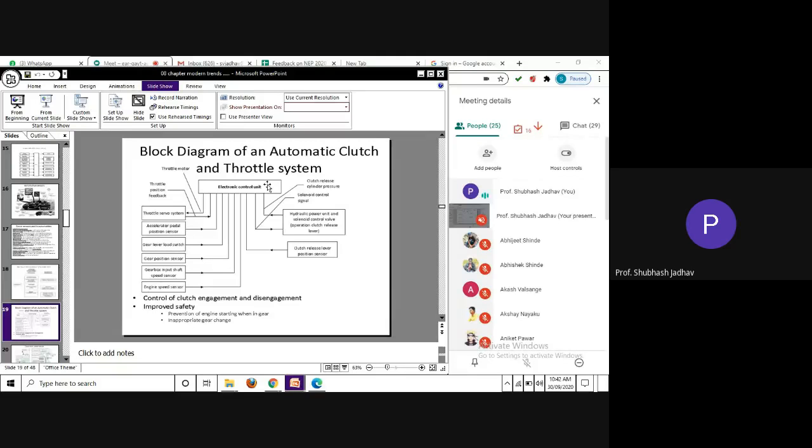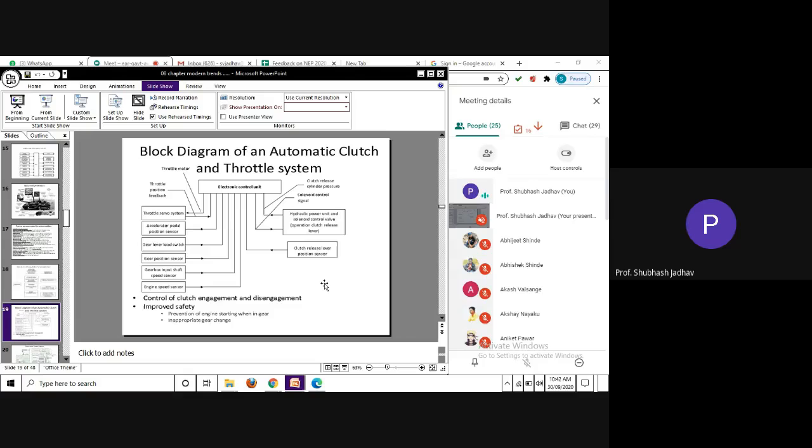But nowadays the clutch is not limited to that. Nowadays you are talking of an automatic clutch and there is an ECU. The ECU is going to control so many parameters. Some hydraulic pressure is going to be applied in order for the axial thrust to be applied on the clutch. To apply that axial thrust, this hydraulic system comes into the picture.